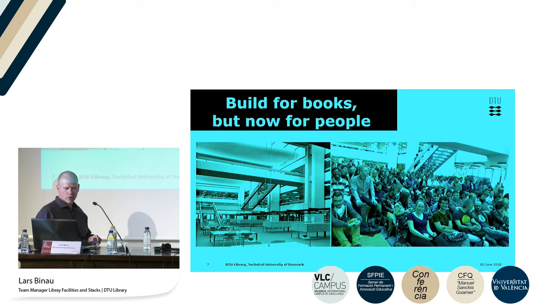So as I said earlier, this library was built for books and not for people. And that was a big change for our library, that we became a really big success.